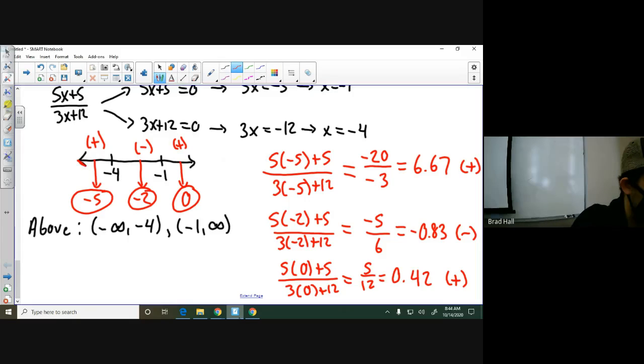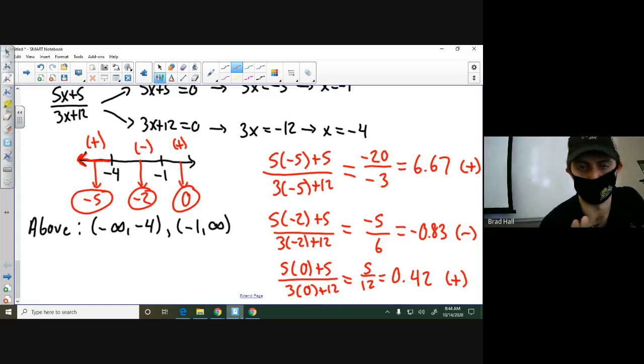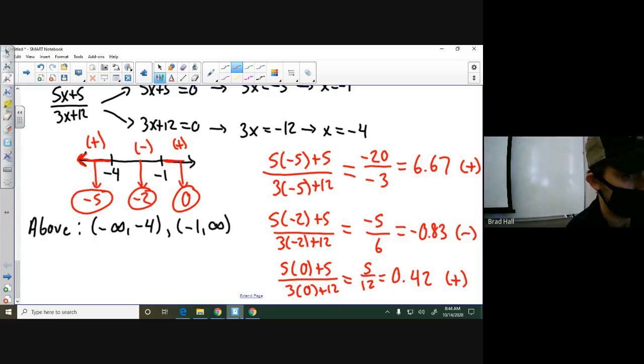It's referring to that segment there where we have a positive symbol, which means above, and then additionally over here, but not in the middle.